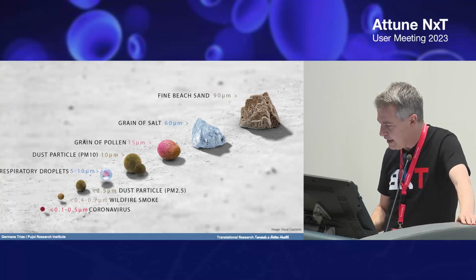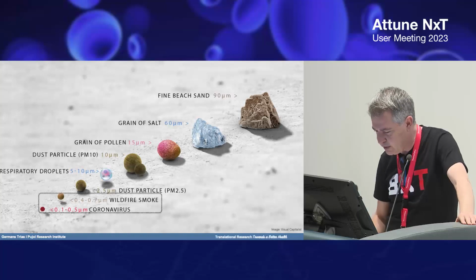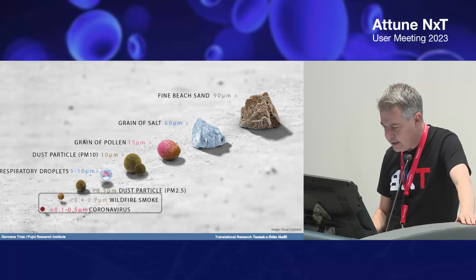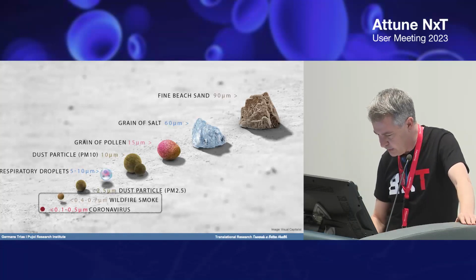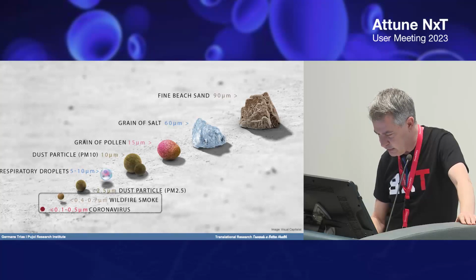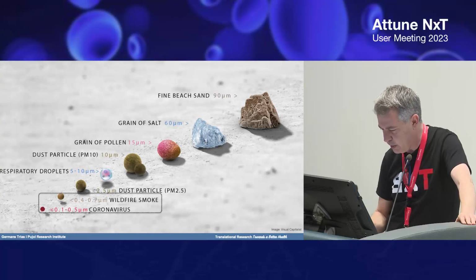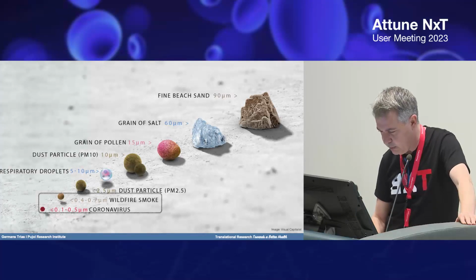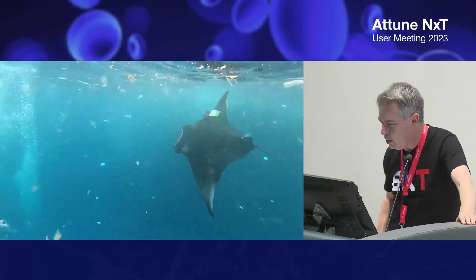And this provides us a very nice approach to try to study nanoparticles using this powerful technology. As you can see here, we are moving at this scale, near the same size of the coronavirus, with an estimated size of 70 to 120 nanometers.